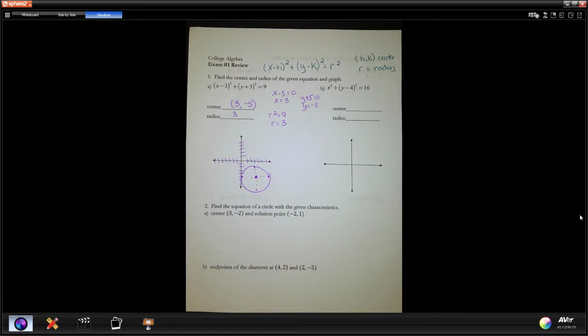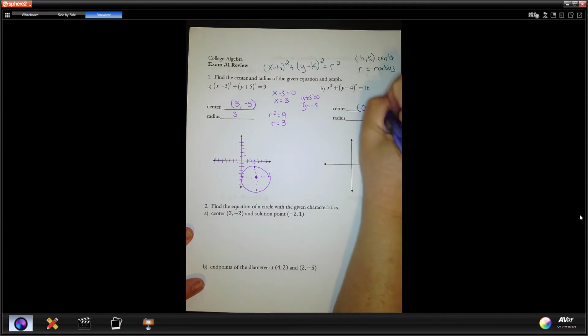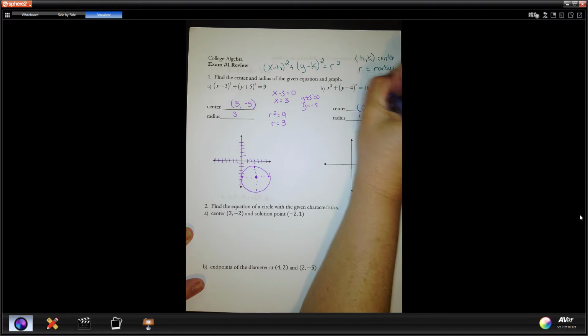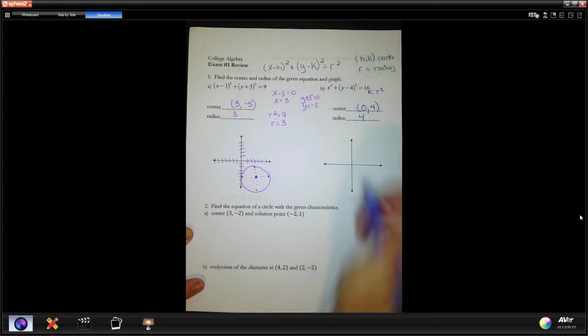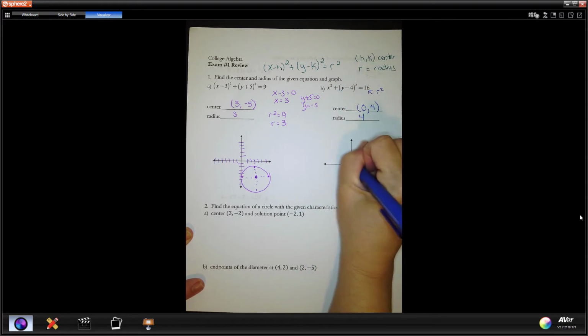If we're looking at the second one, part B, our center is going to be at (0, 4), and our radius is also going to be 4, because remember this is r squared. So 0, 4.